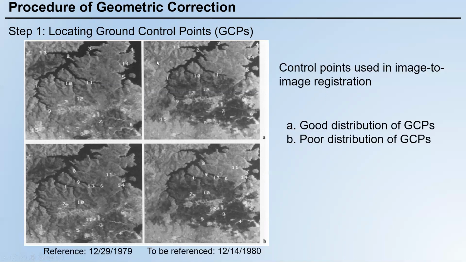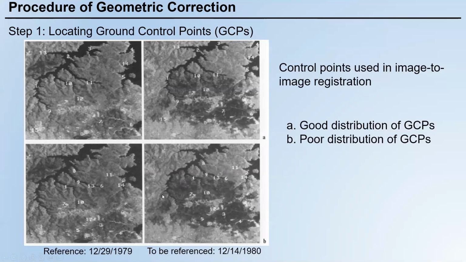For the good example, you can see that the analyst tried to distribute all GCP points across the whole image. They are spreading out across the map, across the image. On the other hand, in this bad example, you can see that all these GCP points are relatively clustering, or you can say they are only covering a part of the image. This part.